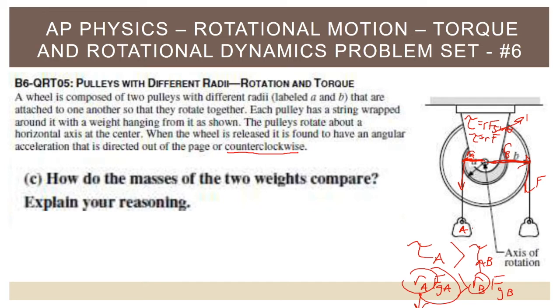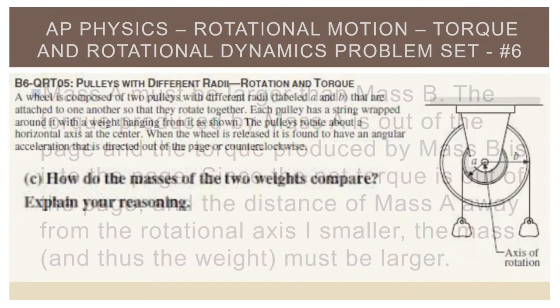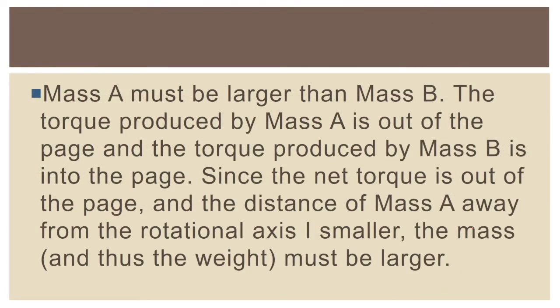And so the only way it can generate enough torque to overpower the torque from the other mass and cause this thing to accelerate counterclockwise is if the weight of A is much bigger. And so as I wrote here, mass A must be larger than mass B.